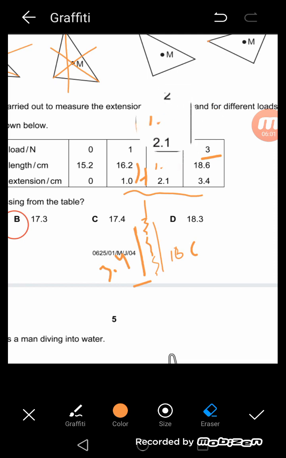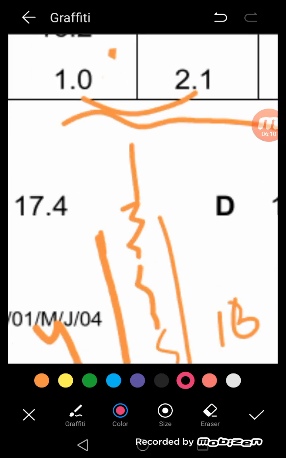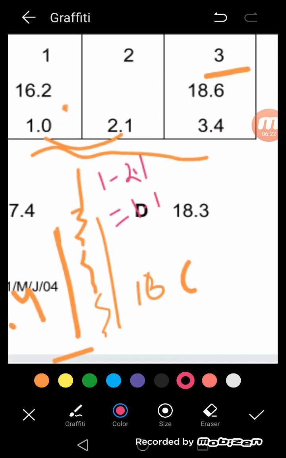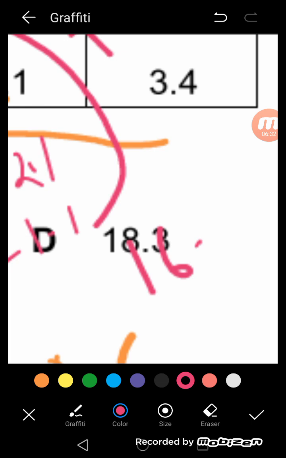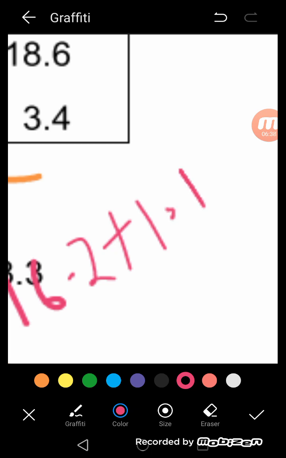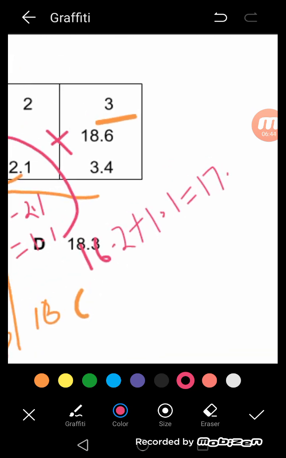Actually, it's not like this. First, you will minus this 2.1 from this: 1 minus 2.1 is equal to 1.1. And then you will add this with this: 16.2 plus 1.1, it will be 17 point something 3.